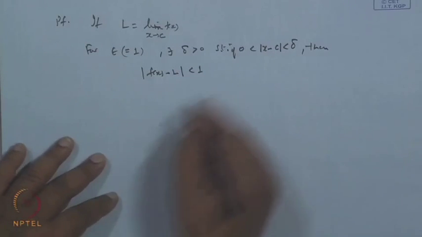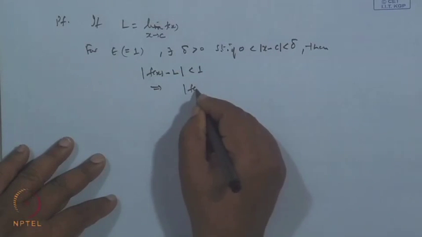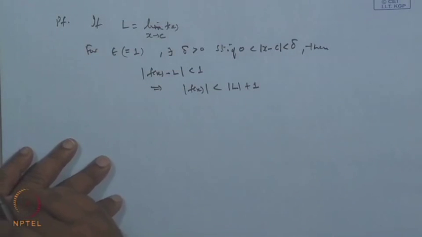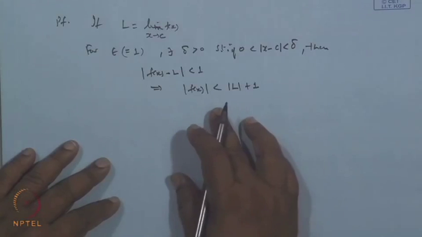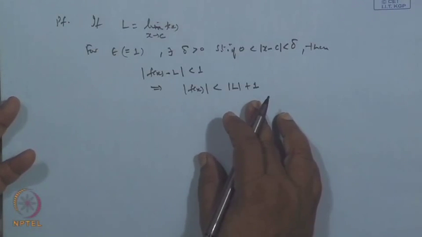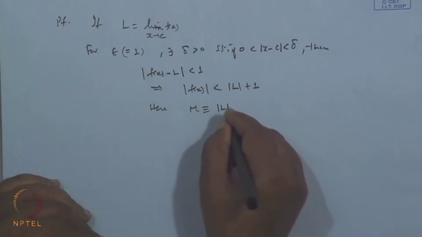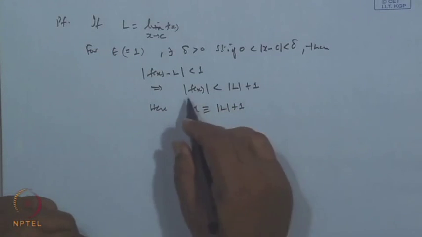Now, from here, can you not say that mod of f x is less than mod L plus 1? Okay. So, here M can be chosen as mod L plus 1, and then it holds for all x in the neighborhood.